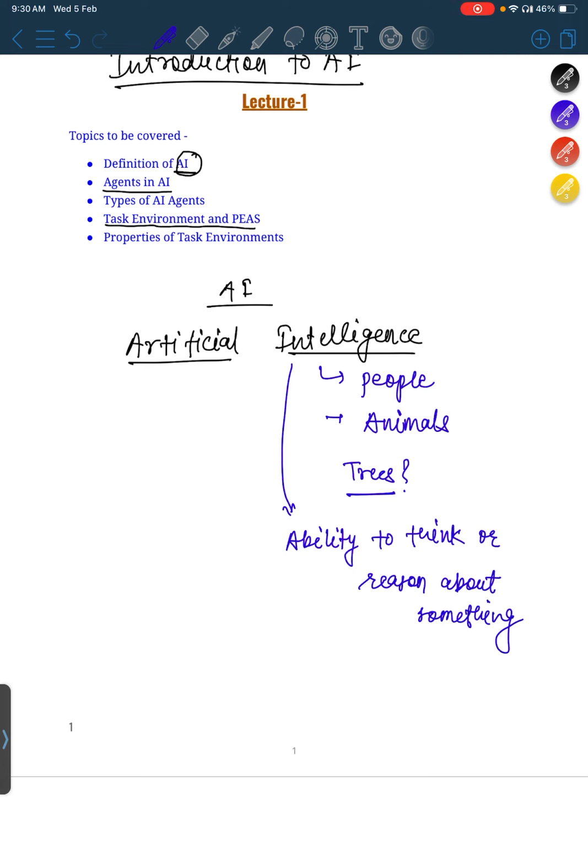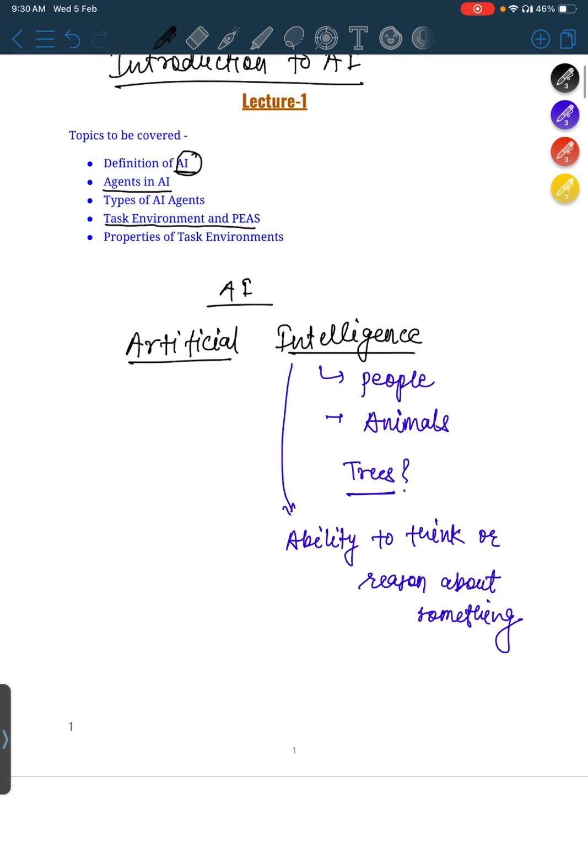It's the ability to take decisions or learn something, and take decisions based on it.